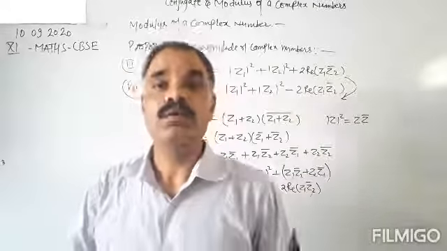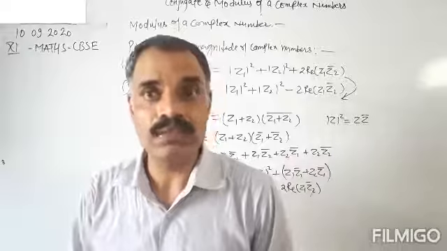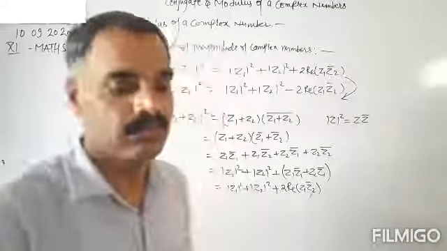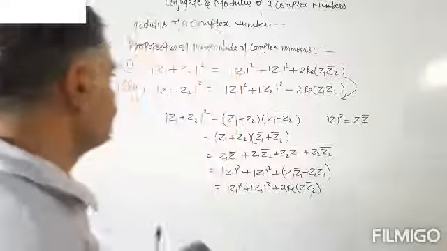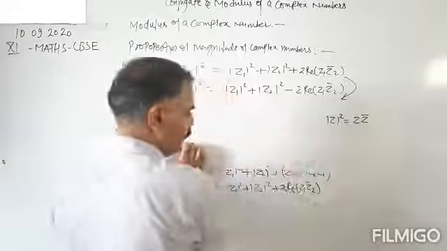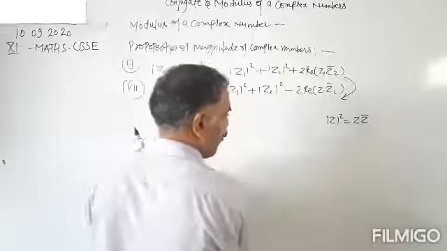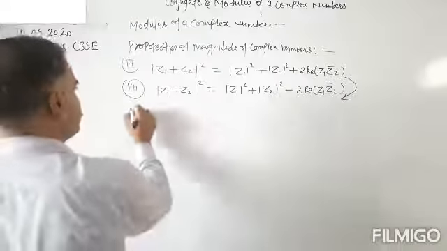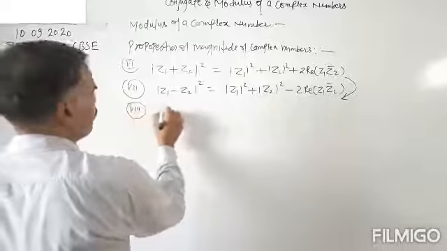Now we will draw one more result using result number 6 and result number 7. By adding result number 6 and 7, we get result number 8.